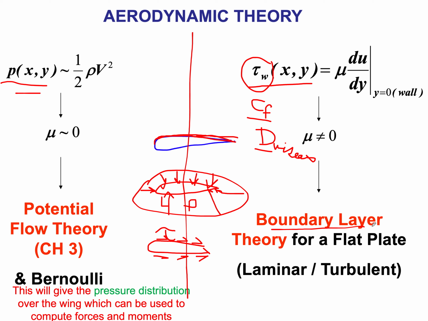Now the next bit for us to get the aerodynamic force is to get the pressure distribution. How are we going to get the pressure distribution? That is what the potential flow theory is going to do for us, and that's why we needed to define the irrotational flow. The irrotational flow takes us outside the boundary layer, so we're now in the potential flow.